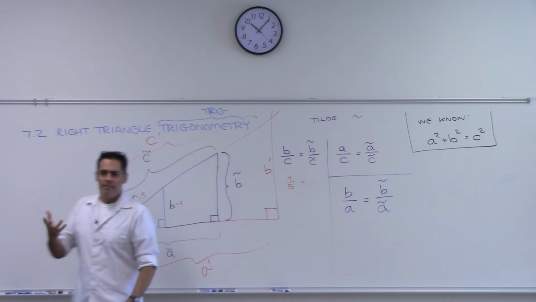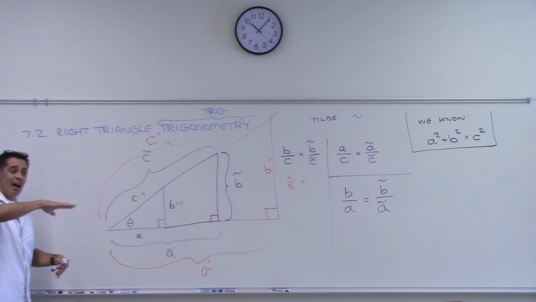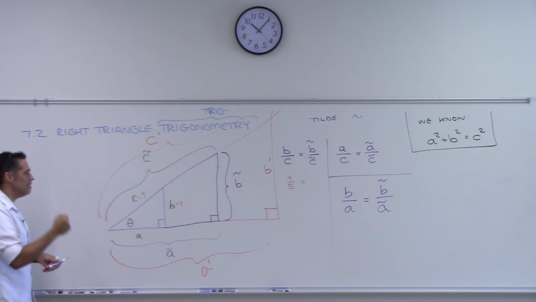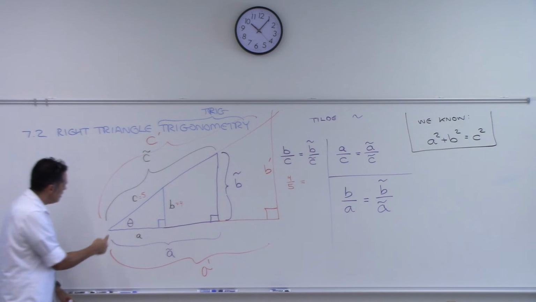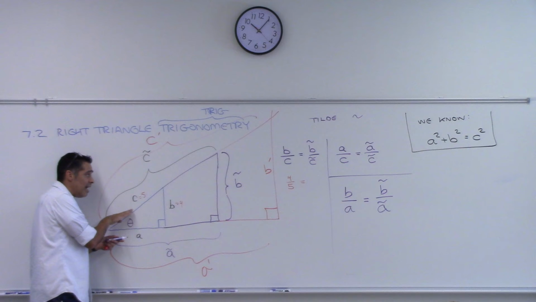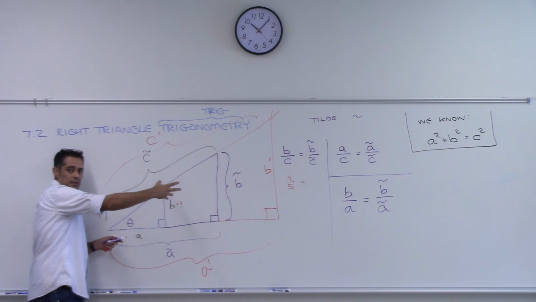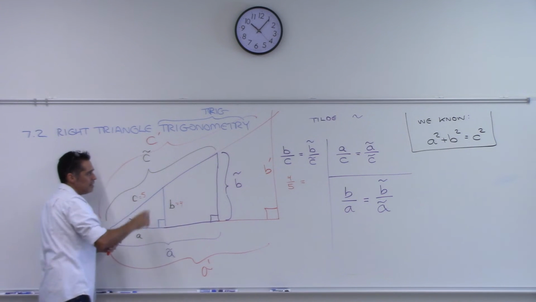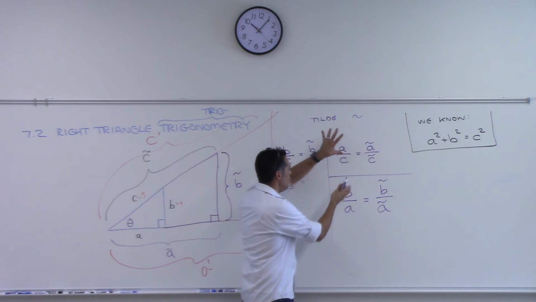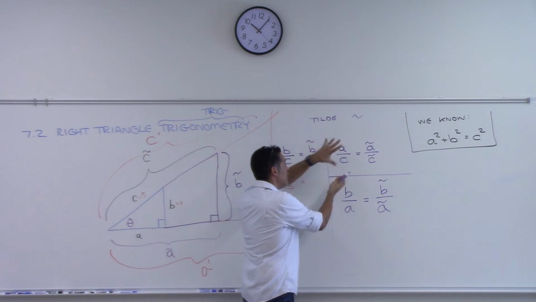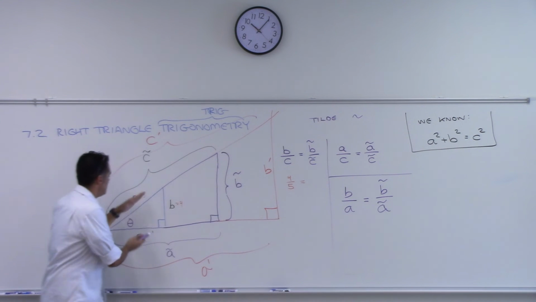So really, when you're looking at ratios of sides, the only thing that dictates the ratio is the angle. If I change the angle, doesn't it change all the relationships in the triangles? I'll say it again. The only thing that controls these ratios, the only thing that changes these values, is if I change the angle.